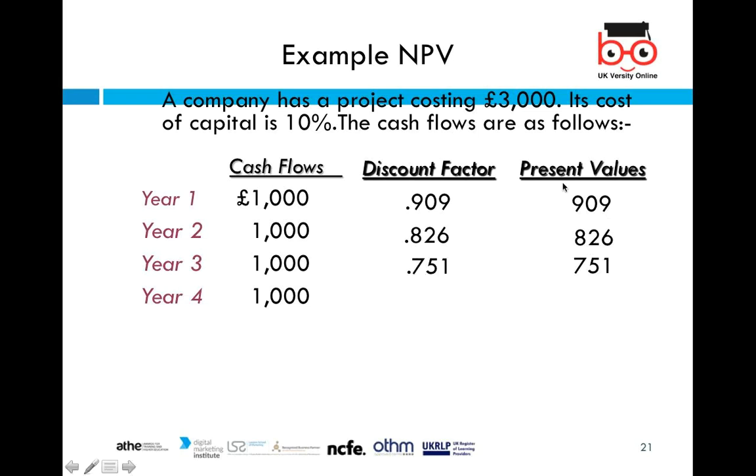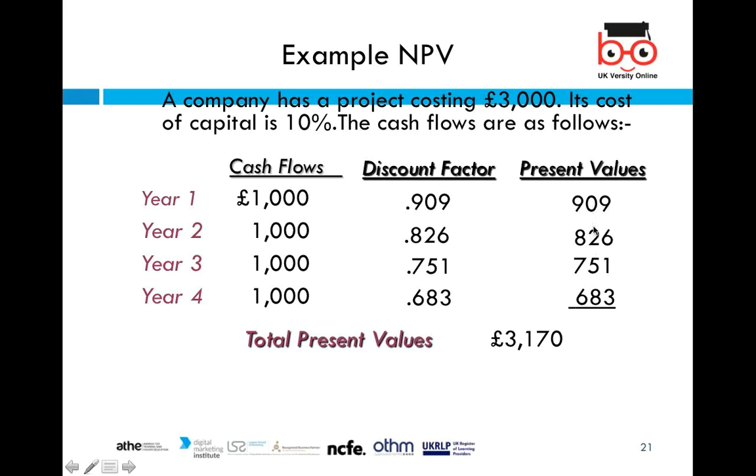Third year, our discounting factor is 0.751, and the present value is 751, and the fourth year is 0.683, and that will be the figure 683. So the total present value of the 3,000 pounds at 10% interest will be 3,170 pounds.